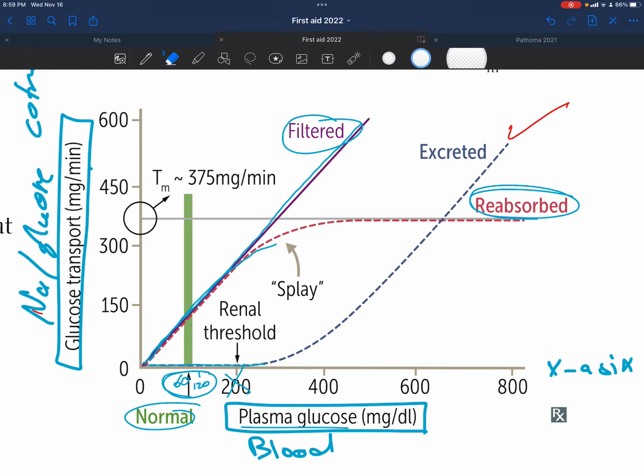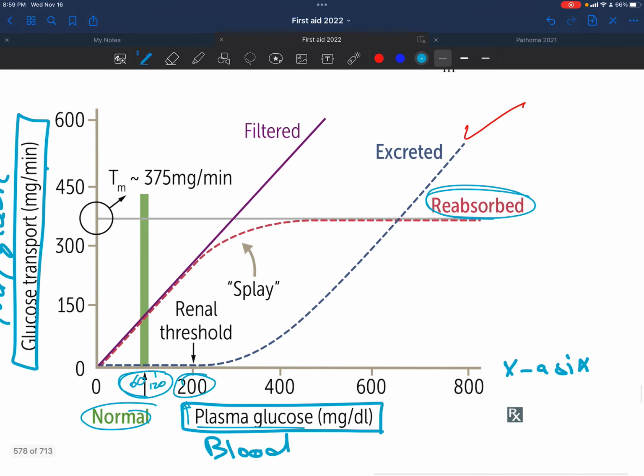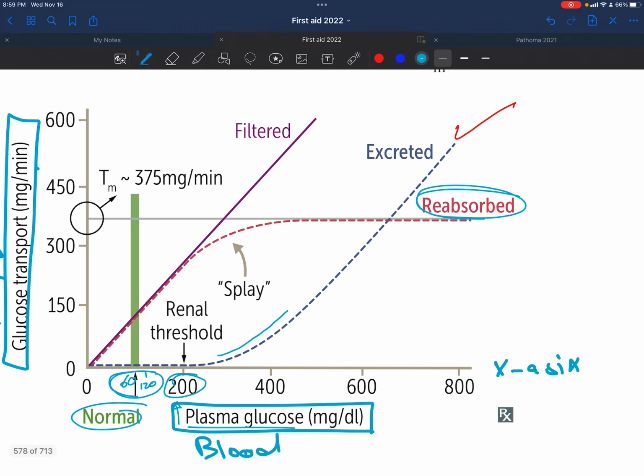But then this patient started to have a problem, and this problem leads to an increase in his plasma glucose. So now we have a plasma glucose of 200. That's when we see a rise in the excretion of glucose. That's when we start to see some glucose in the urine of this patient, okay? And then this gets worse when the plasma glucose level increases.